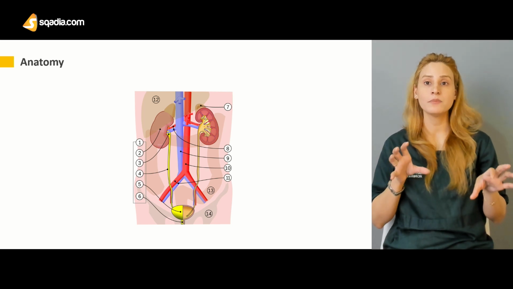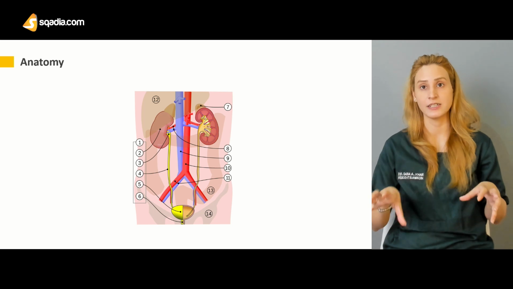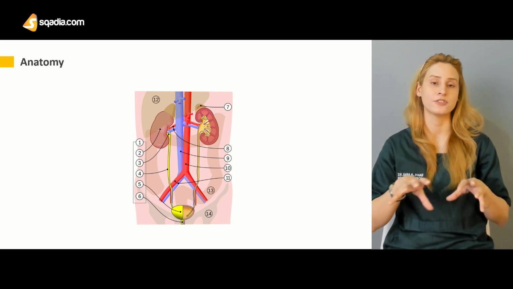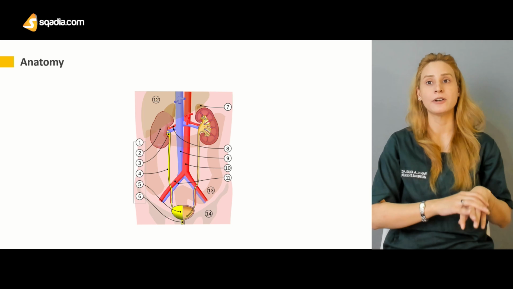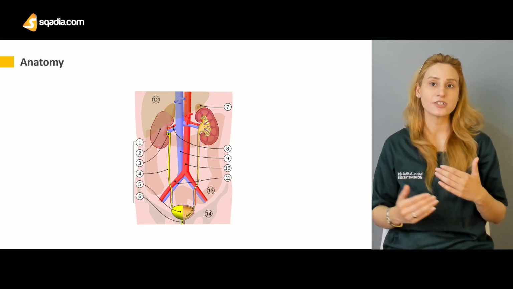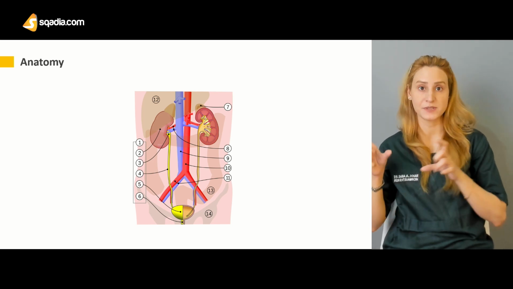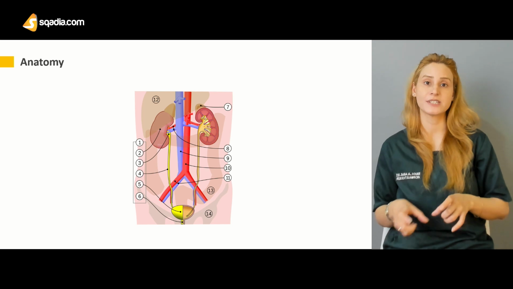But if you talk about the population group, especially the children, and their percentage in boys and girls, it is almost 3 to 5% in the girls and 1 to 2% in the boys.